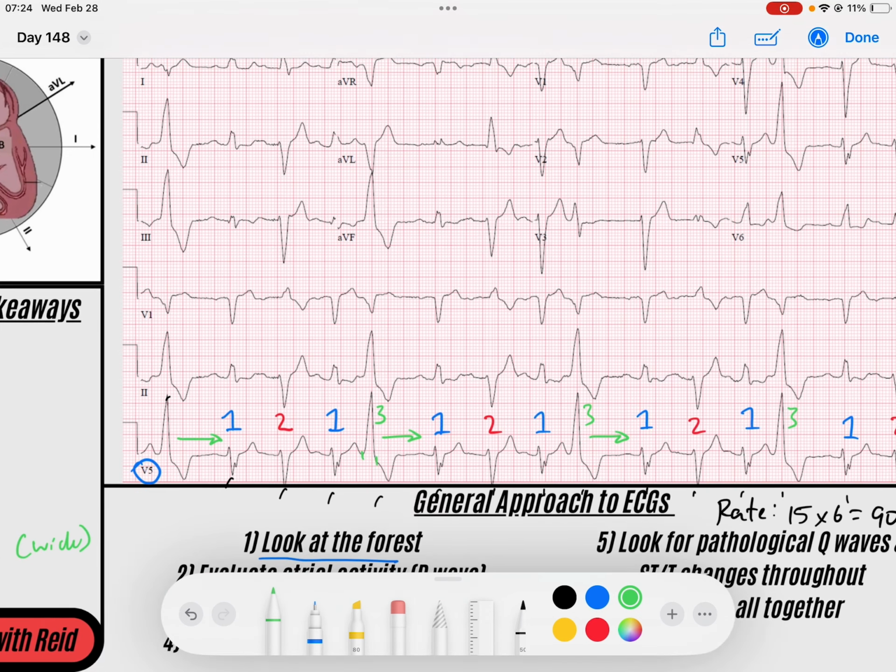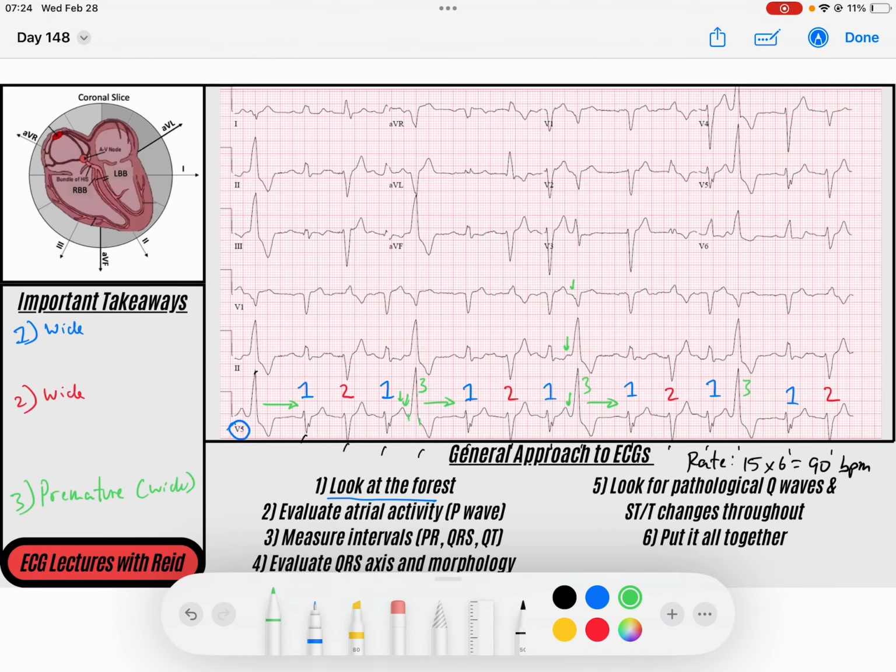And I look in front of it for atrial activity, and I don't see any. I don't see any atrial activity, and I can scan through all the other leads. So I would say that beat number 3 is a premature ventricular complex or contraction, PVC, okay? So we know that we have PVCs, and they're occurring every 4th beat.